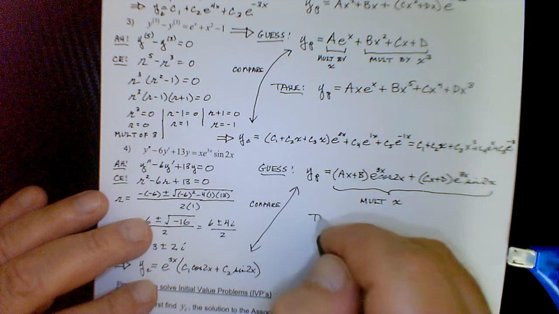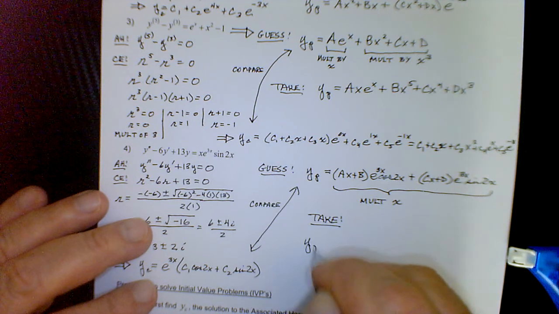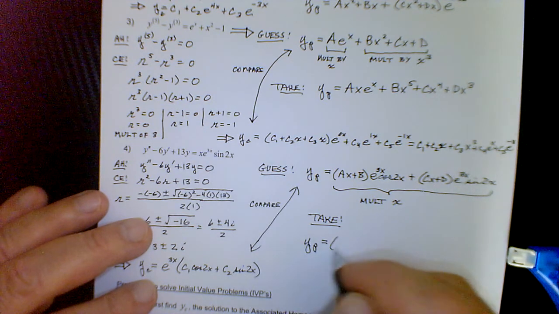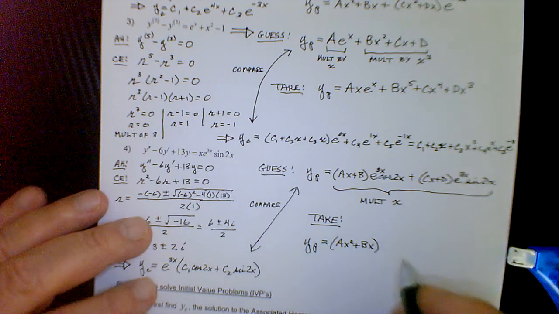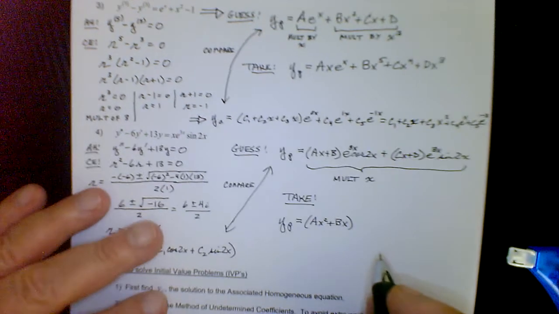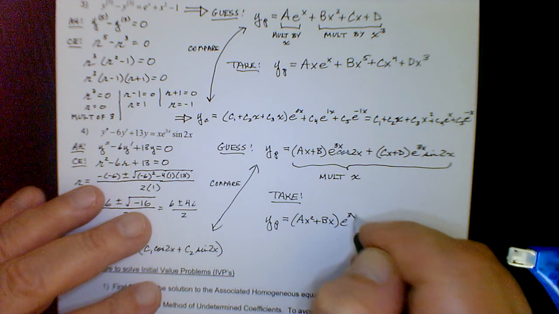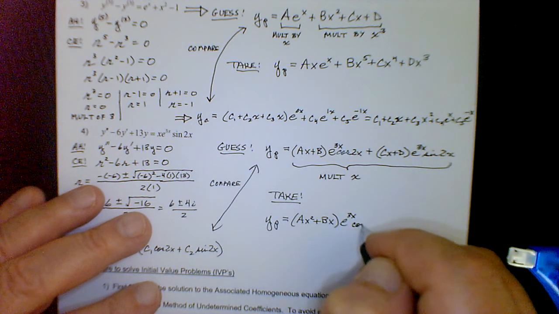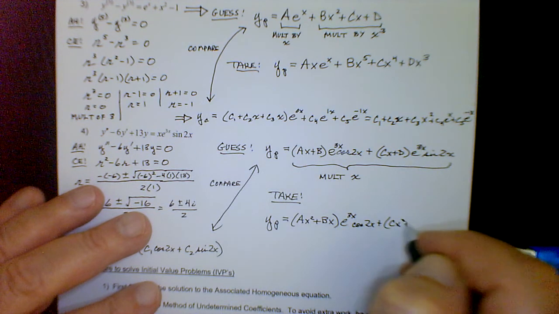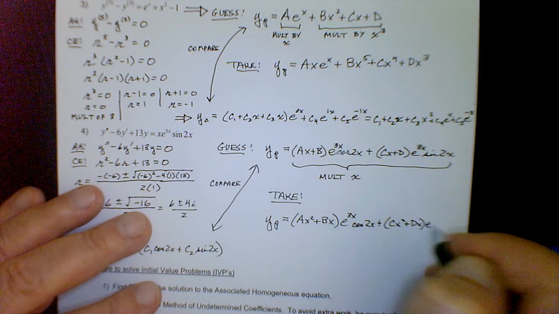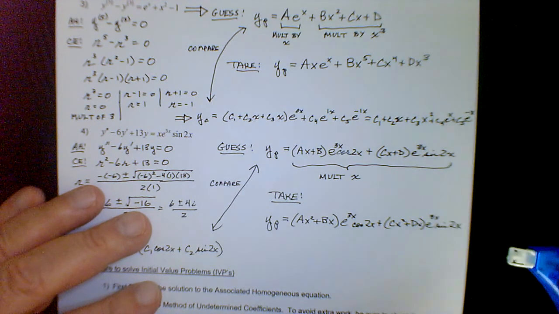And so finally we're going to take y sub p to be equal to, and I'm going to multiply it inside the parentheses, as we've done in the past there. So ax squared plus bx e to the 3x cosine 2x, and then plus cx squared plus dx e to the 3x sine of 2x.